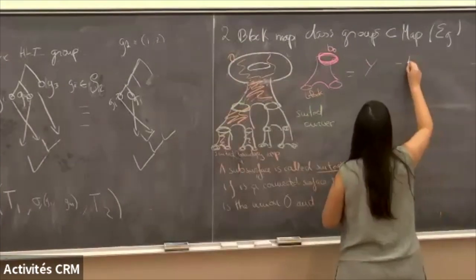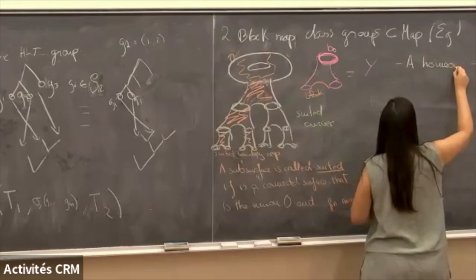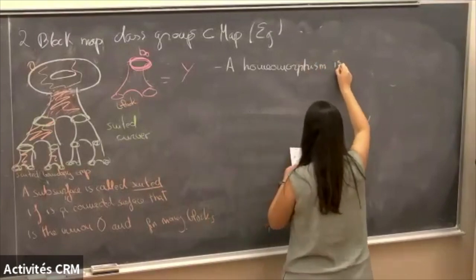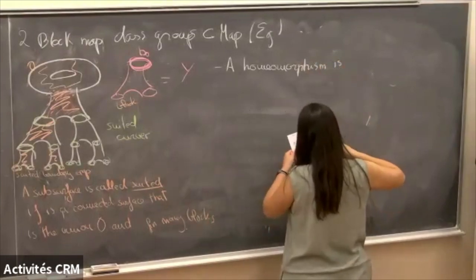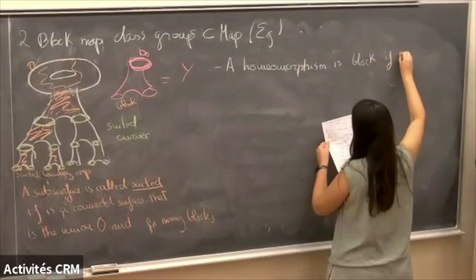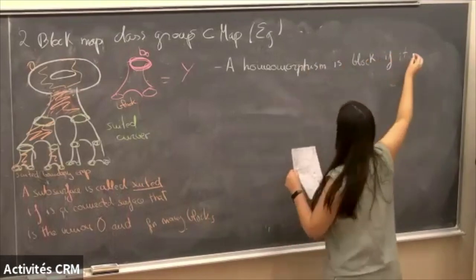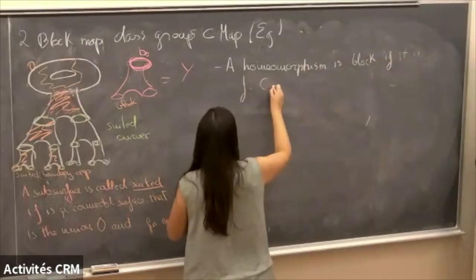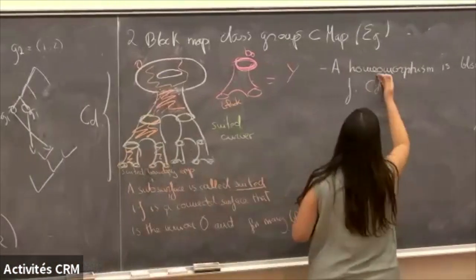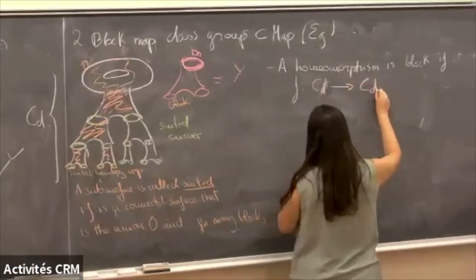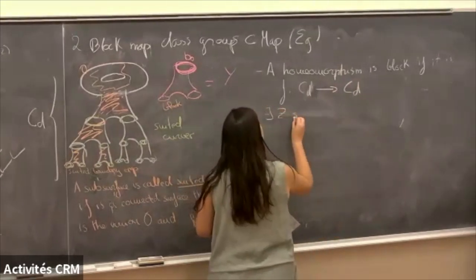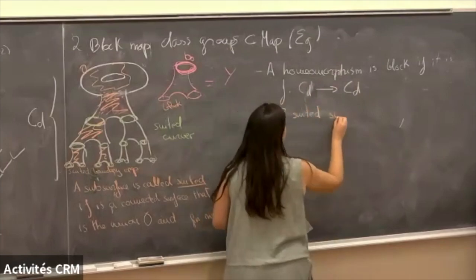A homeomorphism is block if it is a homeomorphism from this surface that I call CD, sorry, it goes from CD to CD and has the following properties. There exists a suited subsurface.